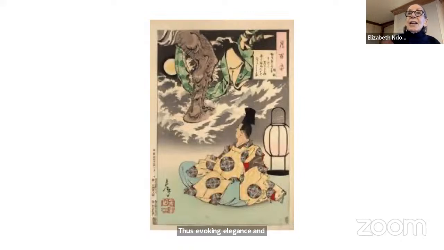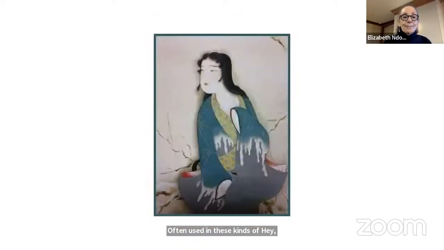So this kind of simple image is very, very often used in these kinds of Haiga art pieces. Again, very simple. This one is not accompanied by the poem. A little bit spooky for me, maybe because it's so drippy.